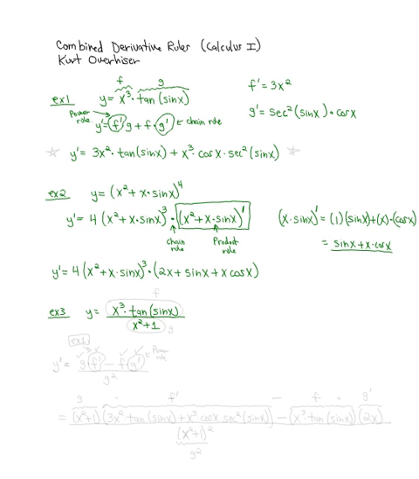So for this, we're going to be using the power rule, the chain rule, the product rule, and the quotient rule because of the division by x squared plus 1.